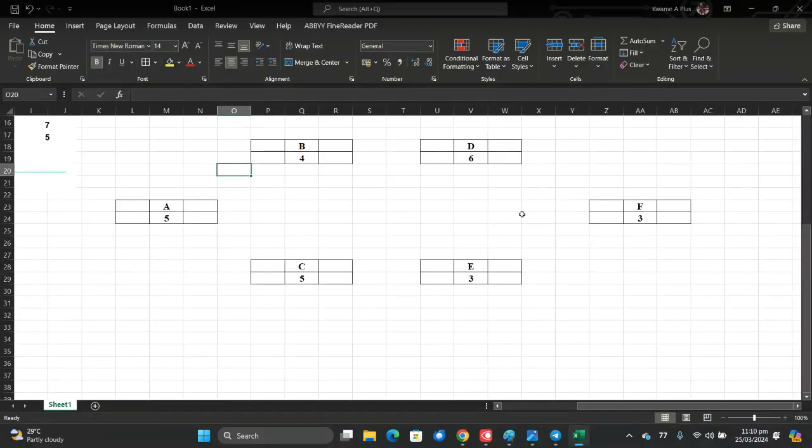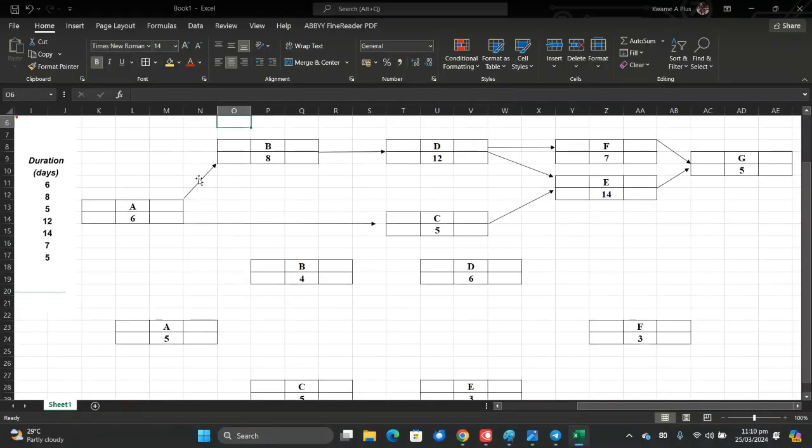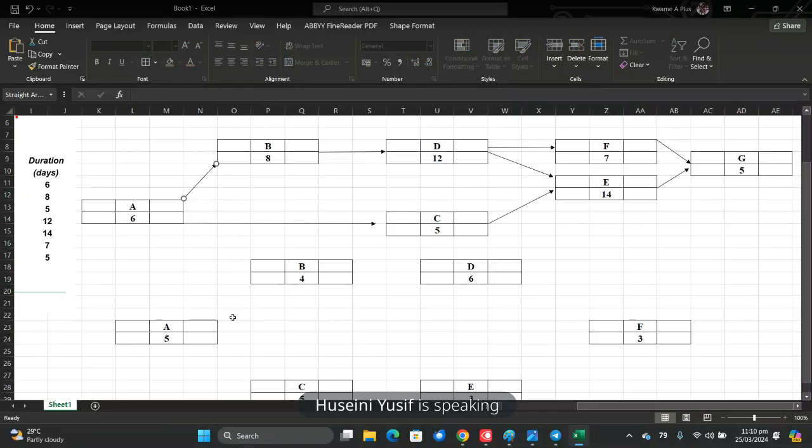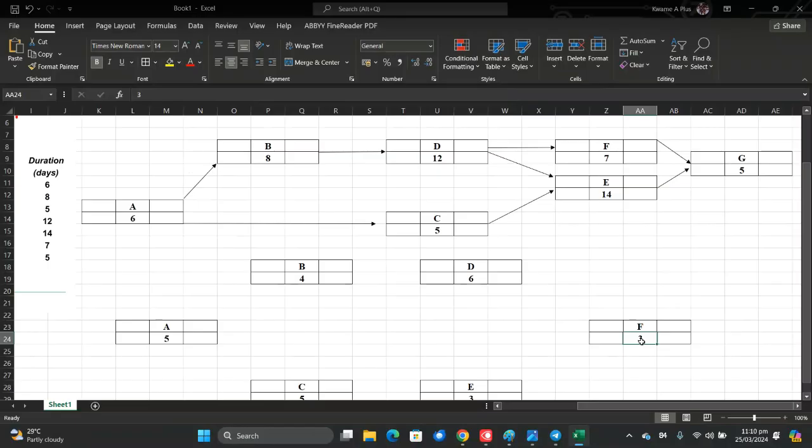So I have to get the arrow. Sam, please take note. F is 4. Aha, F is 4. Okay, thank you.